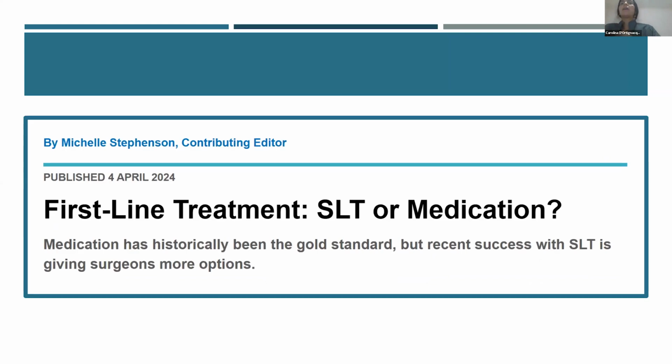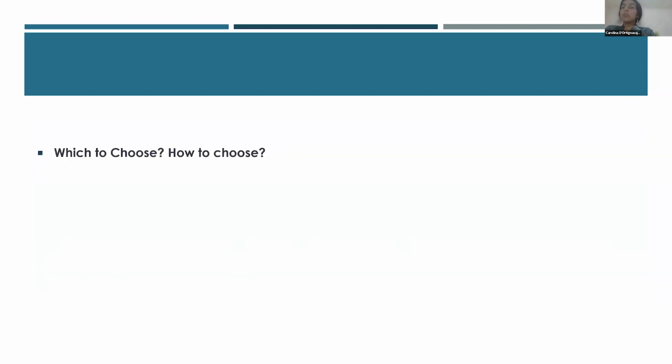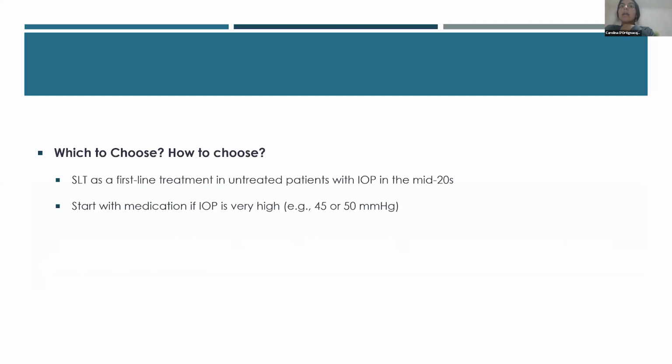And this article also discusses first-line treatment: SLT, or only medication. So which to choose, and how to choose? SLT as a first-line treatment in untreated patients with IOP in the mid-20s. Start with medication if IOP is very high, for example 45 or 50.